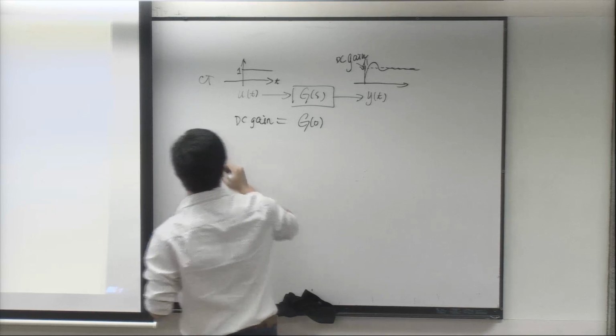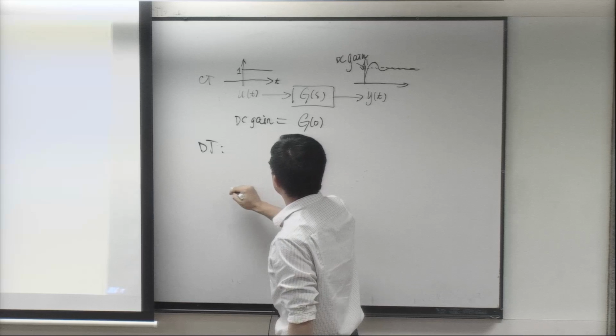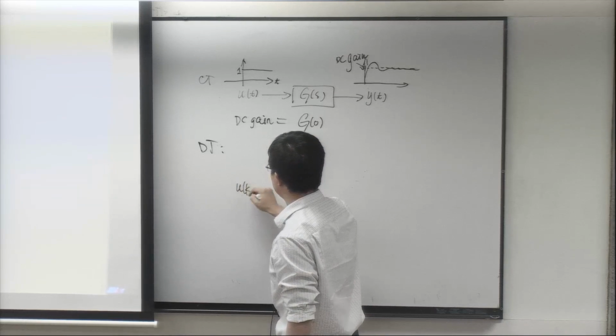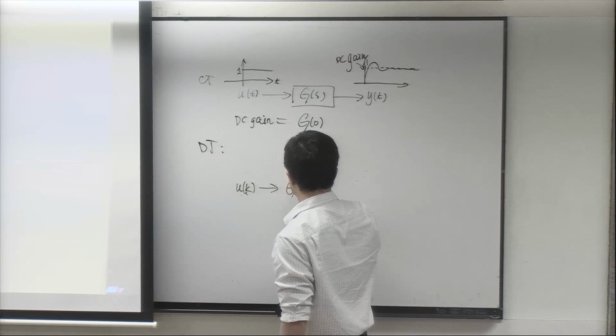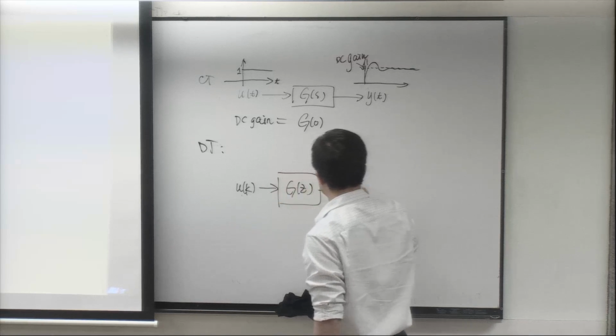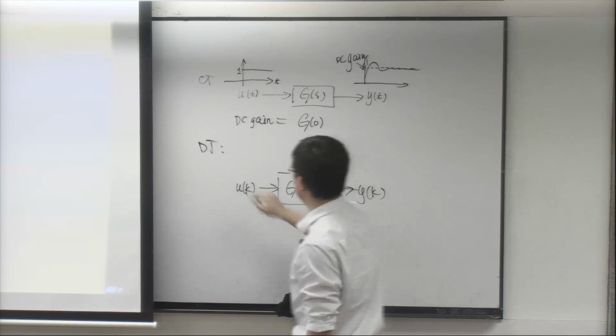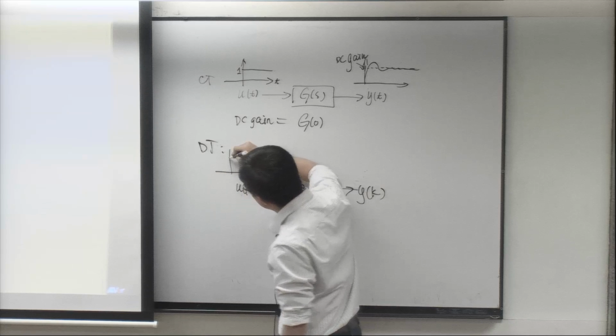So for discrete time systems, you're going to have, let's say, U(k), G(z), and then Y(k). So this time it's a discrete time sequence.